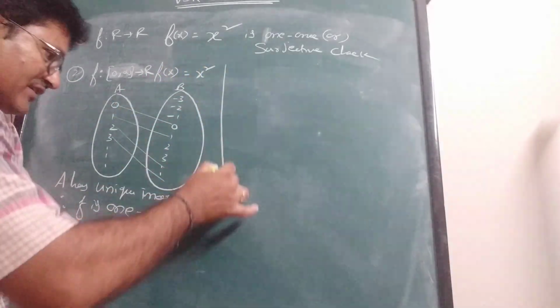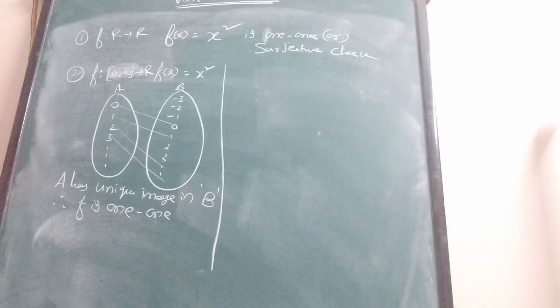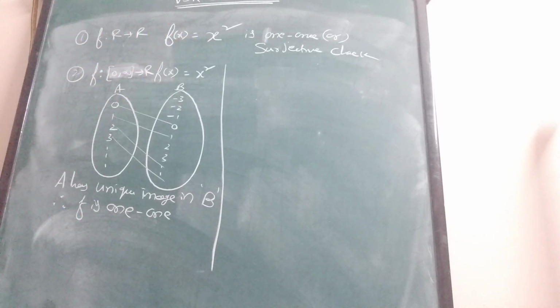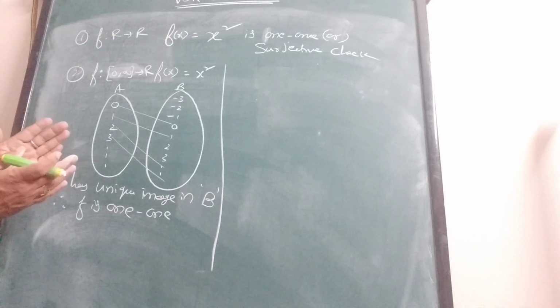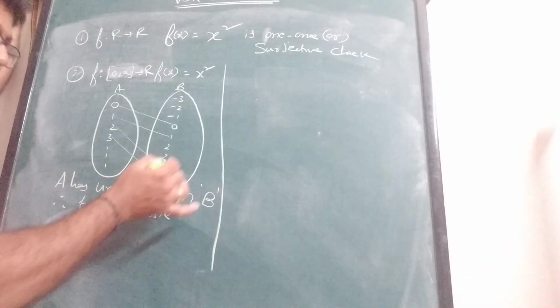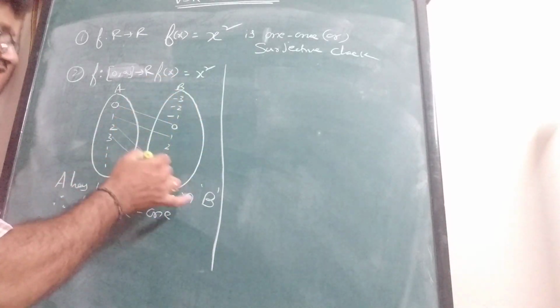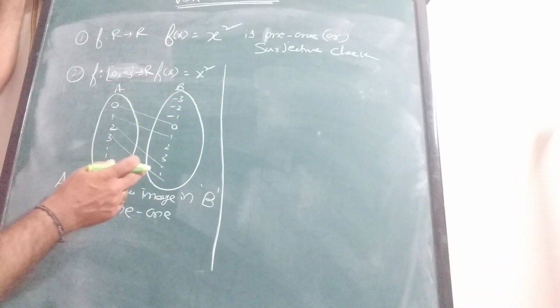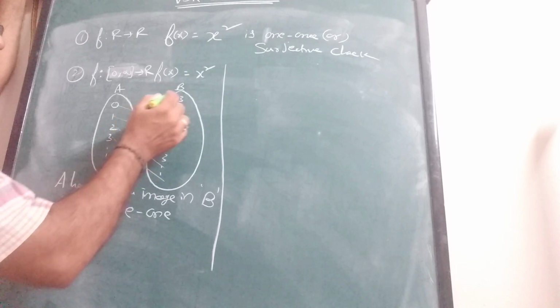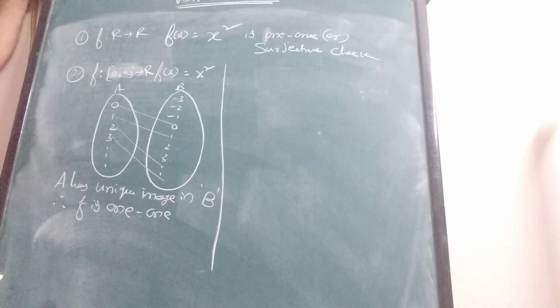Now we'll go for the other function. The 1-1 part is completed. Now we'll go for surjection. Remember this once again, the same thing I am going to write: every element of B should have at least one preimage. Is there a preimage in this? The remaining left over here, what are they?